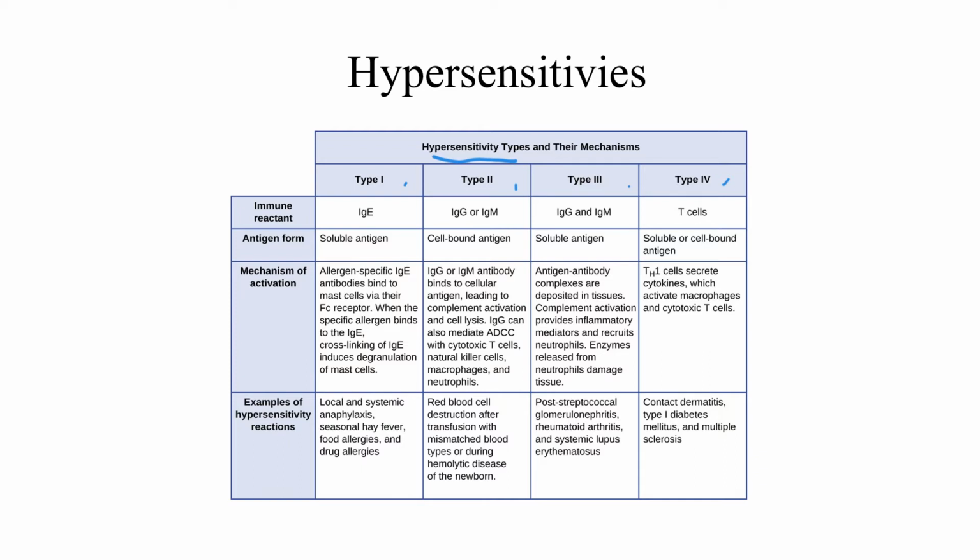They involve different antibody or immunoglobulin types, whereas type 4 is going to involve T cells. There are specific antigens that are correlated with each of these immunoglobulin reactions. Here it has the mechanism of activation for each of these hypersensitivities and then examples of the hypersensitivities. So we'll go on and describe this functionality.